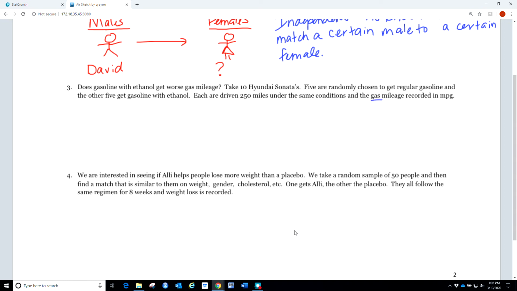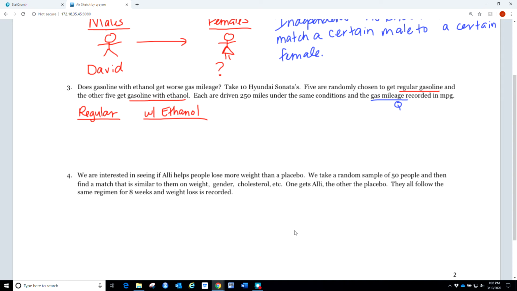So our quantitative variable that we're comparing here is the gas mileage, and our 2 groups that we're comparing are the regular gas and the gasoline with ethanol. So I'll go ahead and start by writing those 2 things. Those are our 2 groups that we're comparing.